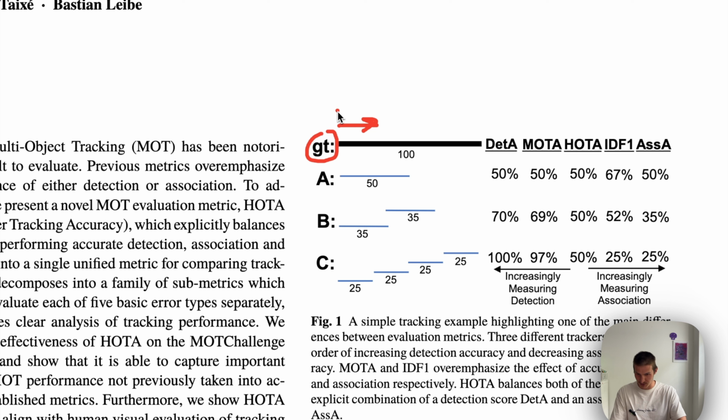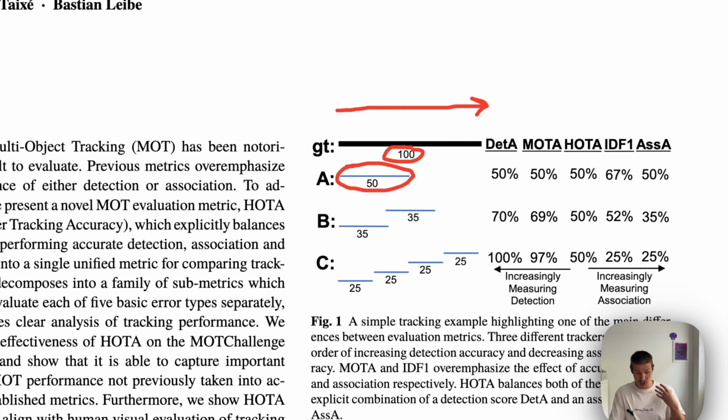The ground truth object exists all throughout our video sequence, in hundreds of frames. Detector A correctly identifies this criminal, but only half of the time, so 50% of frames, which gives the police plenty of time to catch him. But for the remainder of the video, we are not detecting anything.